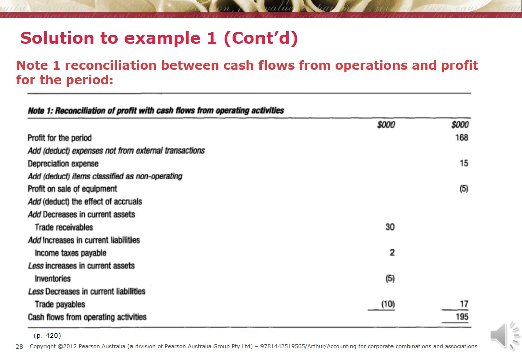Next we're going to look at the changes in the trade receivables balance. So the opening balance was 190 and the closing balance was 160. So we're going to add that decrease to the reconciliation.